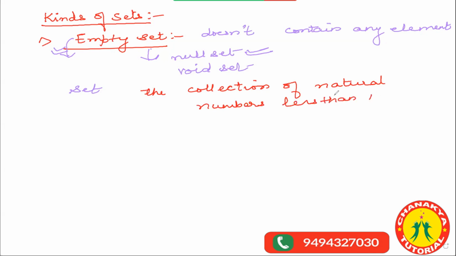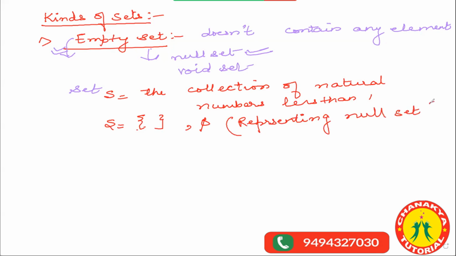So children, is it possible that you can make a collection of natural numbers less than 1? No. So your set will be empty. You will represent the empty set or null set by empty braces only, or by writing this symbol φ. So these two are the symbols for representing the null set.